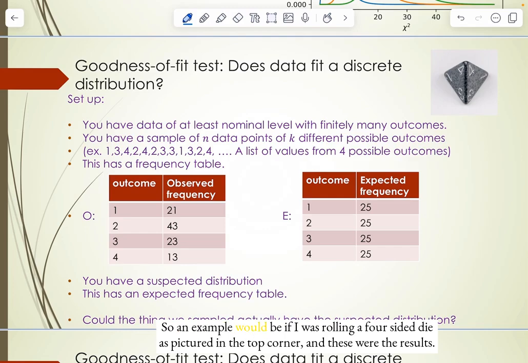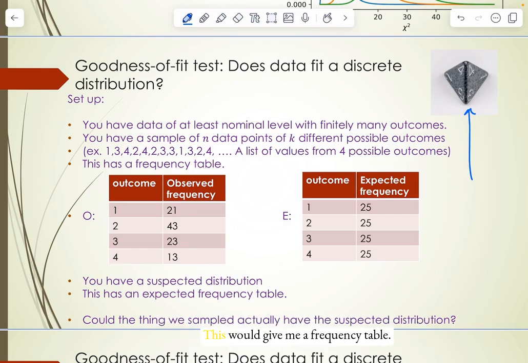An example would be if I was rolling a 4-sided die as pictured in the top corner, and these were the results. This would give me a frequency table. I rolled it 87 times, and I get this frequency. This might not be uniformly distributed.